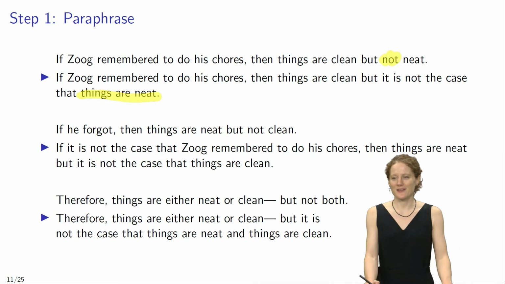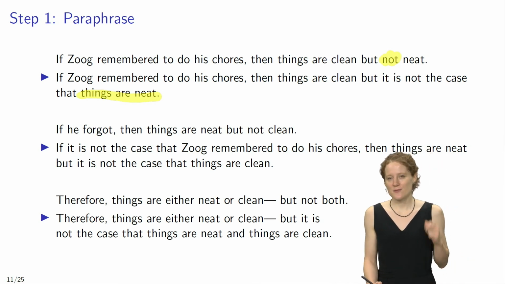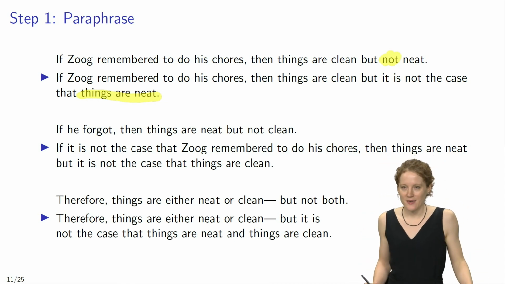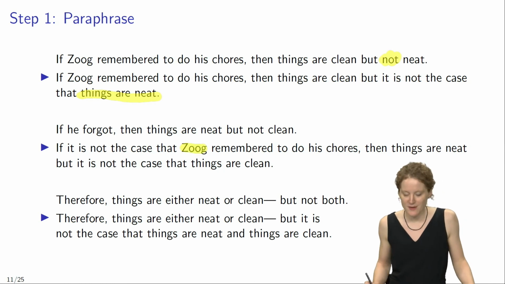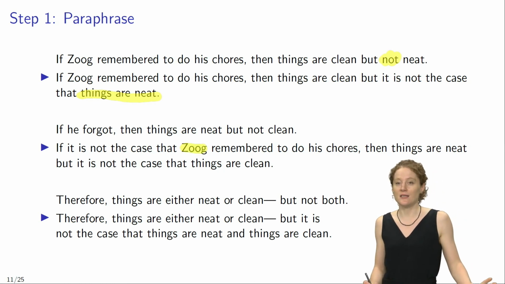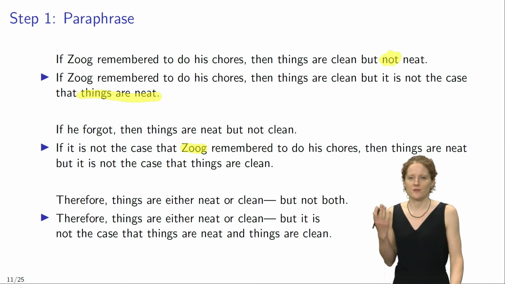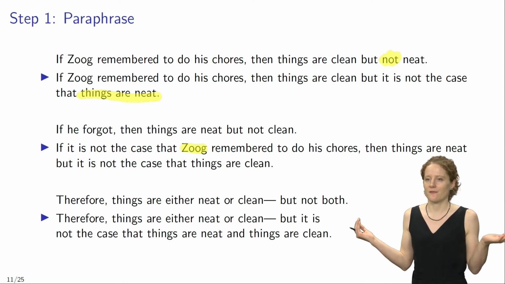So there are a couple things here that I did to clarify the logical structure of this argument. First, we have the personal pronoun he, and I clarified that the person who's meant here is Zug. So I replaced the personal pronoun he by means of Zug. And then I thought about the word forgot. Well, forgetting is not remembering, right?